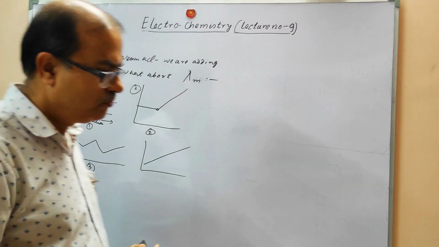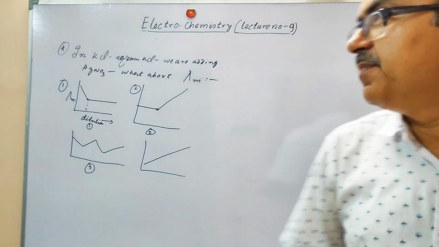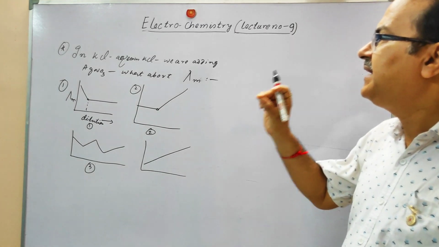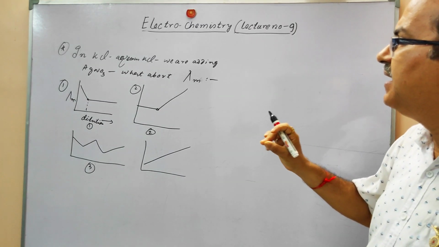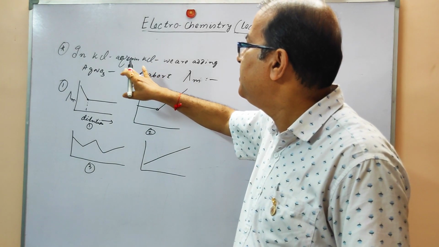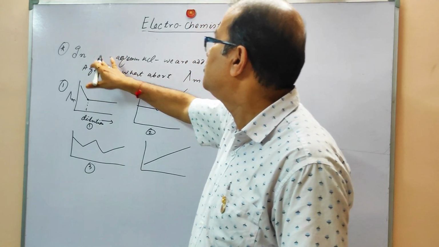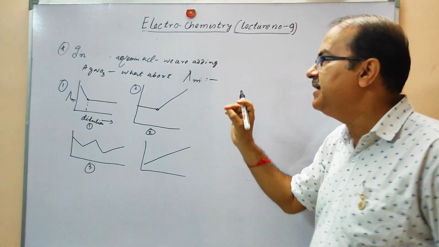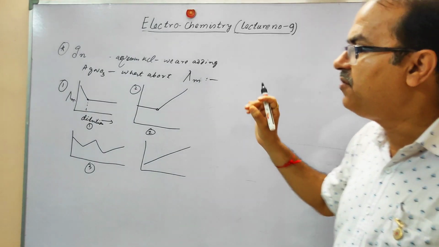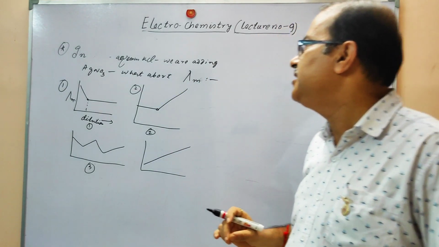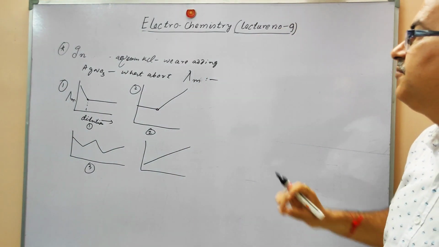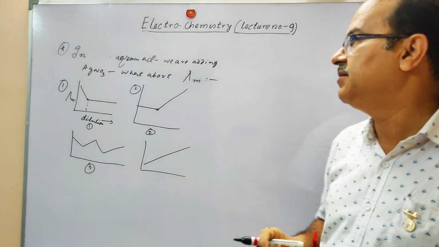So the fourth option is given here. When in an aqueous solution of KCl we are adding aqueous solution of AgNO3, then what is going to happen to the molar conductivity?